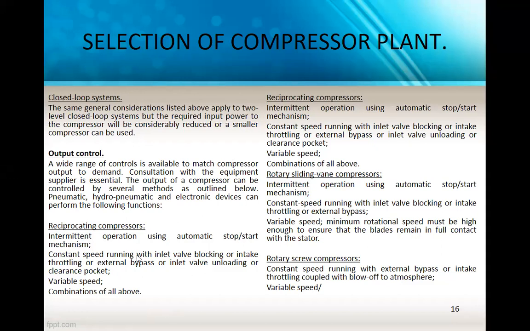Closed loop systems. The same general considerations listed above apply to 2-level closed loop systems, but the required input to the compressor will be considerably reduced or a smaller compressor can be used. So, closed loop system, the same consideration, sabi nga, which is for two-level closed loop.